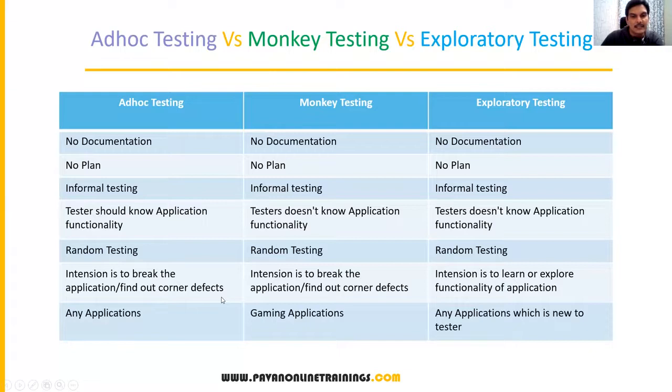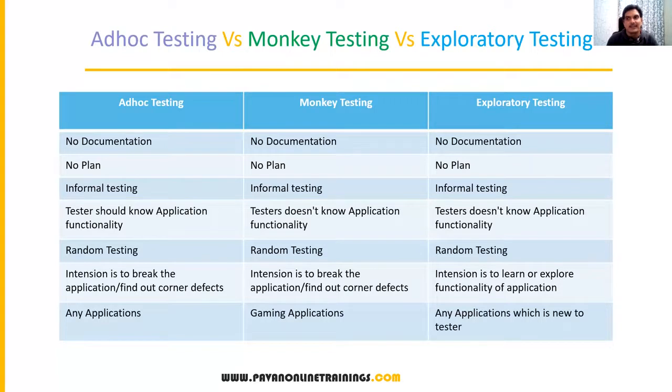Why do we do ad hoc testing? The intention is to break the application. We will check whether our application is breaking somewhere, and whether some corner scenarios are working properly or not. That is the main intention of ad hoc testing. The main intention of monkey testing is also to break the application and find corner defects.